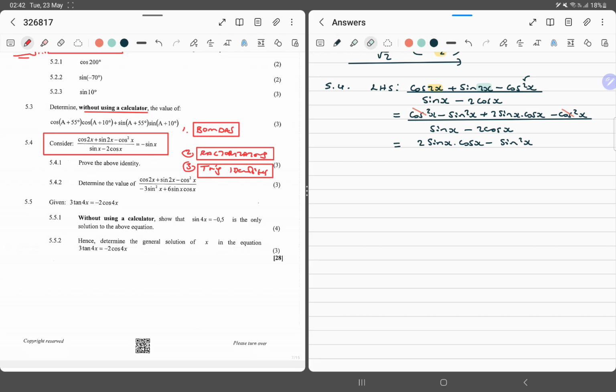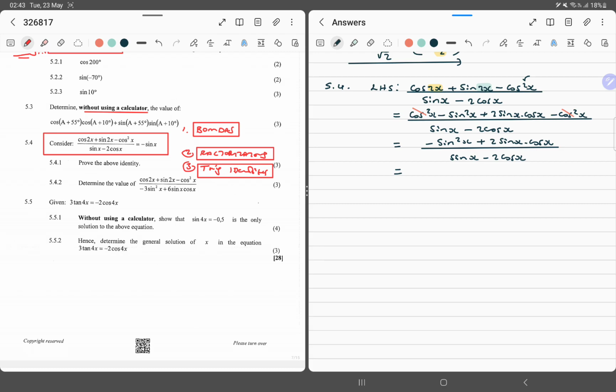Let's leave it the way it is, minus sine squared x plus 2 sine x cos x. So sometimes contain your excitement before you apply yourself to a situation.